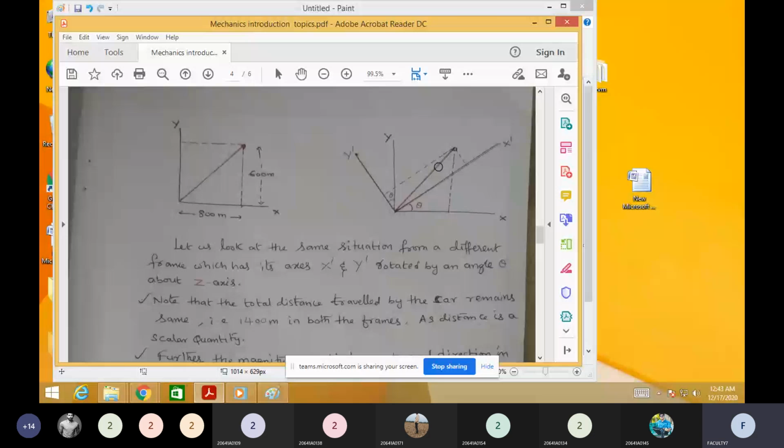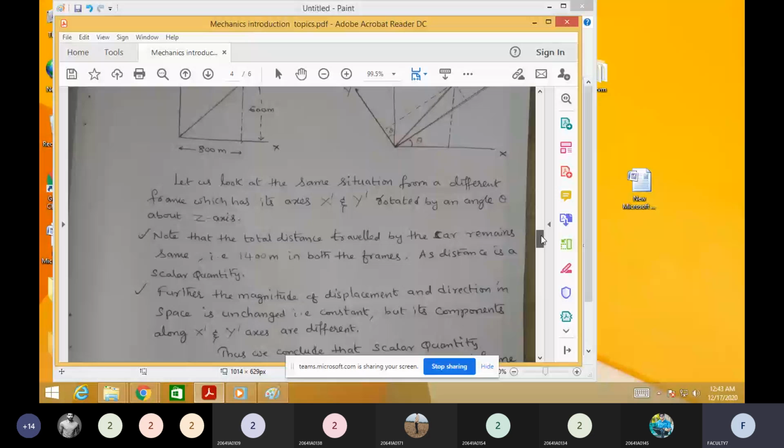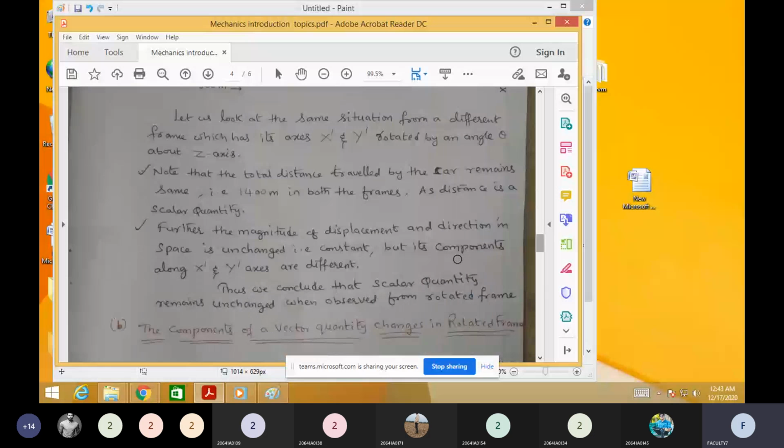The distance between these two points remains the same. Even though you followed a second path, the result remains the same. So the scalar value remains the same. That is what you concluded in the first part: scalar quantity remains unchanged when we observe from the rotated frames.